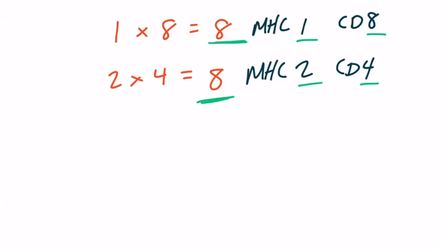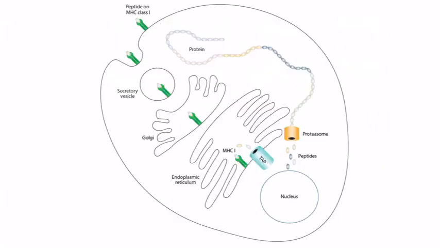All right, now let's discuss how antigens actually get on to MHC. Let's start with MHC1. Okay, so here we have a picture of a cell. Remember, MHC1 is expressed on all nucleated cells, APCs, and platelets. Also remember that it presents proteins that are produced intracellularly. So here in our image, we have a protein. It's first cleaved by the proteasome into small peptides. The small peptides are transported into the endoplasmic reticulum via the transporter called TAP, which stands for Transporter Associated with Antigen Processing.